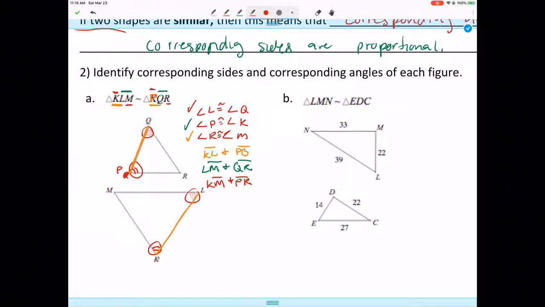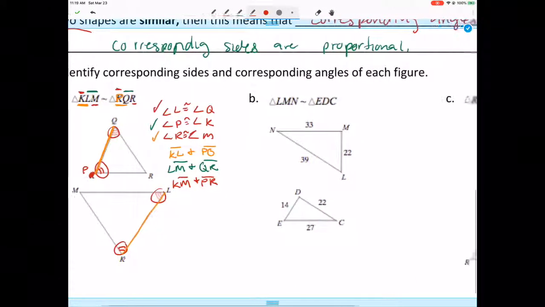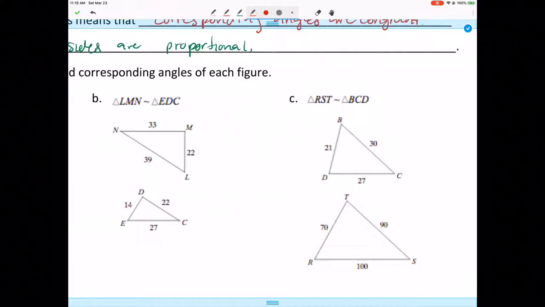And you could look at this as well to be able to figure it out by just looking at the triangles. All right, so let's do this really quick. So example angles, we got angle L and angle E, right here. We're just finding the pairs. So angle L and E, and then just by looking at angle M and angle D, right here and here, and then angle N and angle C. Those are corresponding angles.